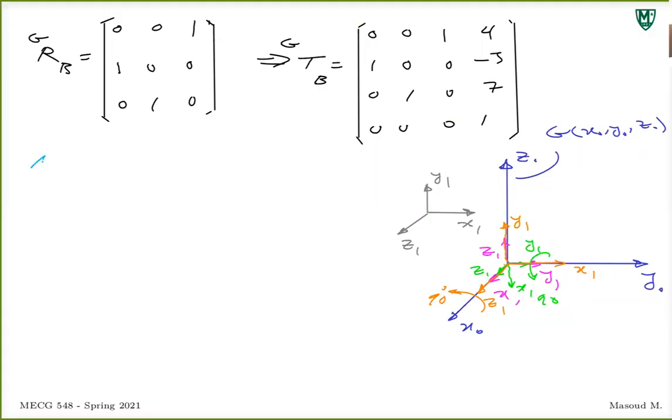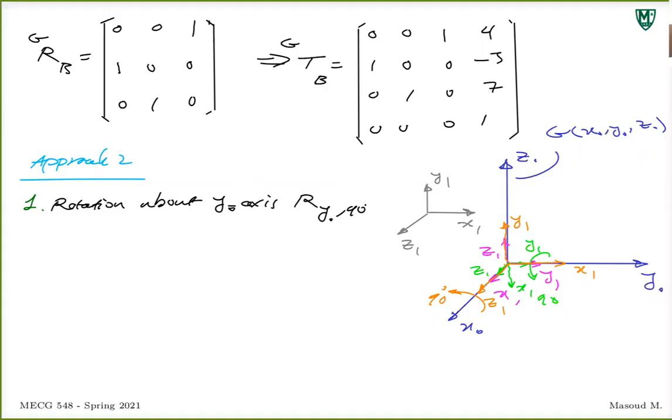So let me just write it here. Approach 2: rotation about y naught axis, 90 degrees positive. So we went from magenta to green. Now green is the new orientation.